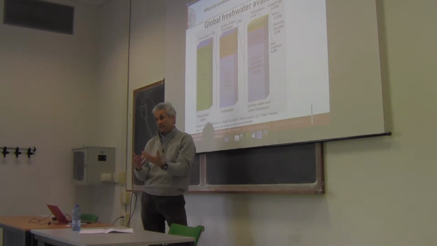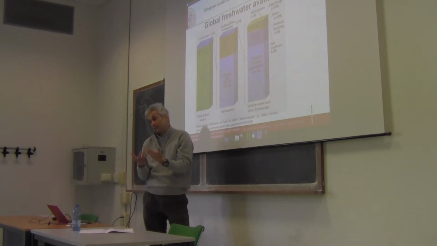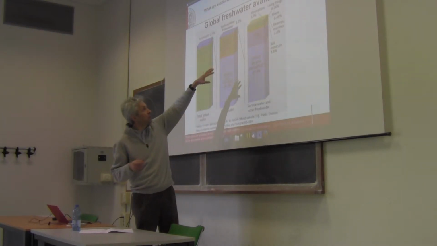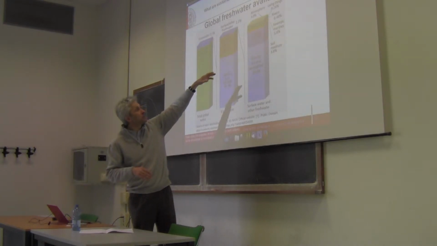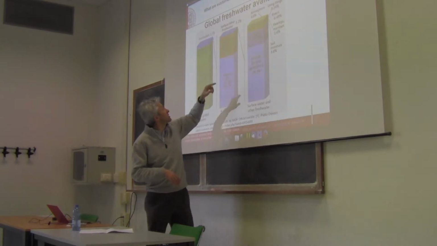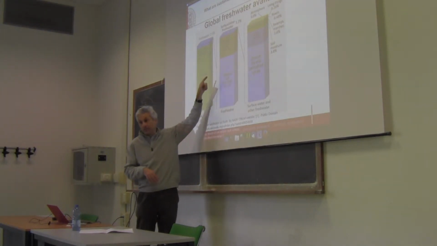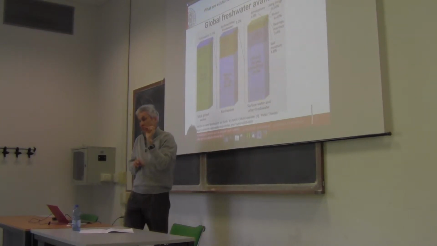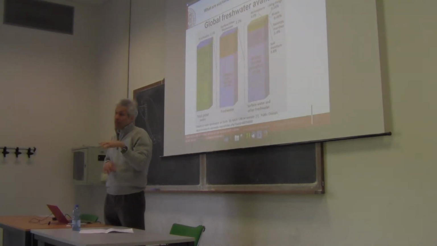It's ice that is not permanent, but still it cannot be used, at least in some seasons. And then you have the lakes, about 20%. Rivers are 0.5% of this 1% of this 1%. So it means that rivers in principle have a very small volume. But again, water in rivers is extremely important.